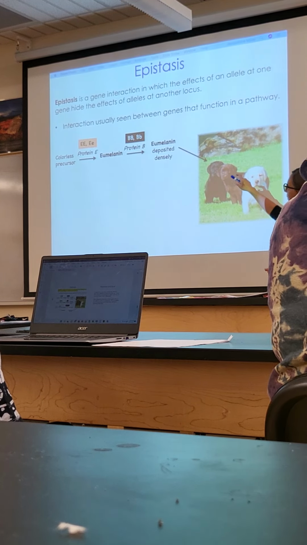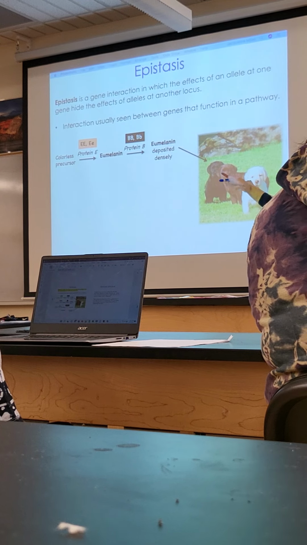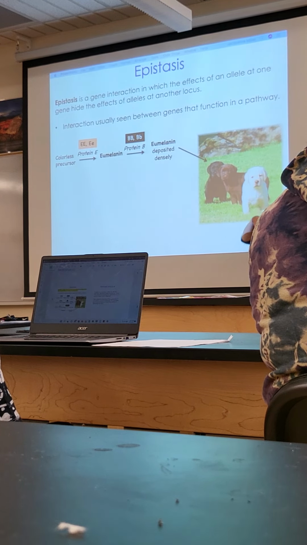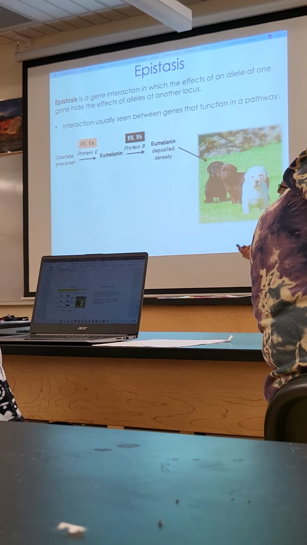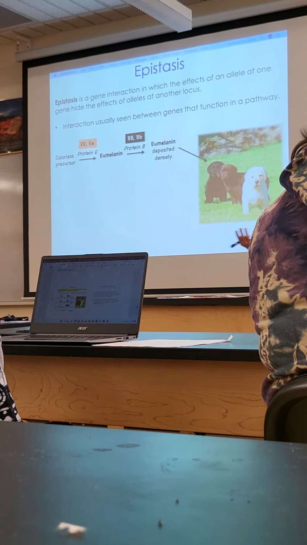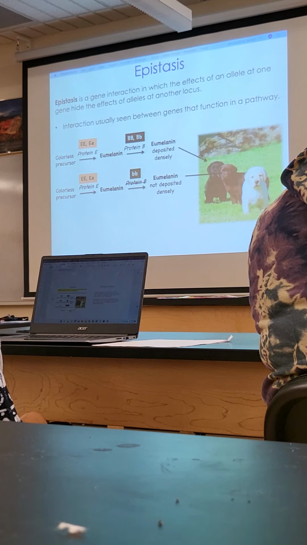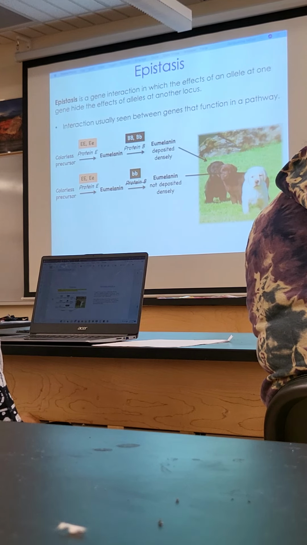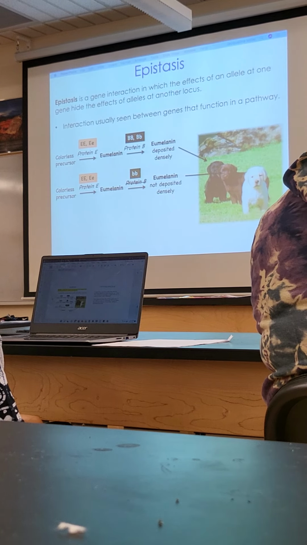The B protein controls how densely that color is deposited. So if you have big B, you are densely depositing pigment, so it makes sense it's going to be black. If you have little b, you still make the pigment, so you're producing eumelanin, but you're not depositing it as densely, so then it appears brown.